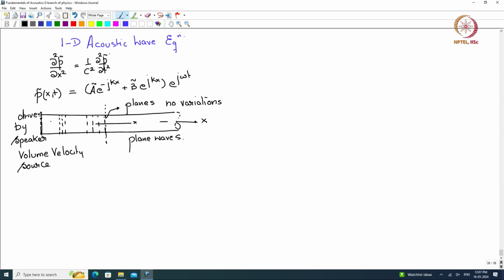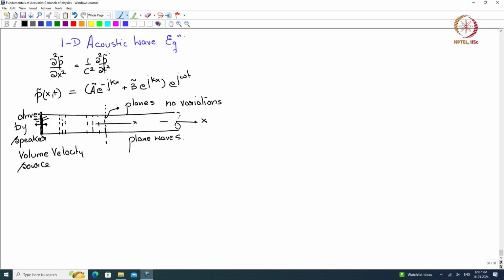So it's modeled by a piston that moves back and forth, or a speaker cone that moves back and forth, so that it puts in a volume velocity and takes back the volume velocity in a harmonic fashion.